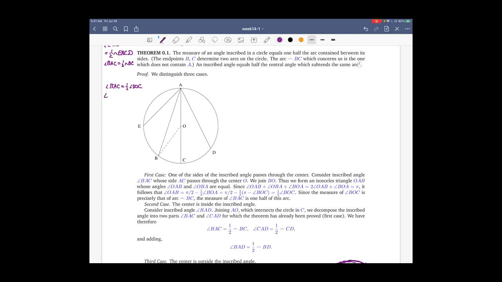Likewise, the angle BAD is half the angle BOD. For instance, if BAD is 30 degrees, BOD would be 60 degrees.